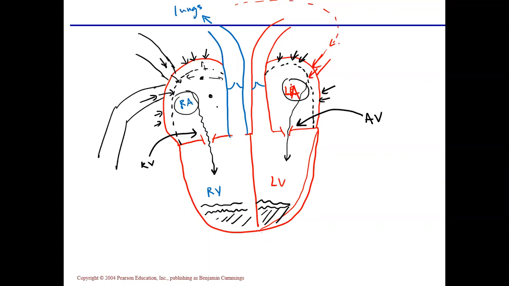What is that going to do? It is going to raise the pressure in the atrium. Imagine that you have a balloon with water inside, and you squeeze it. All the water comes out because you increase the pressure as you squeeze. Same thing here.